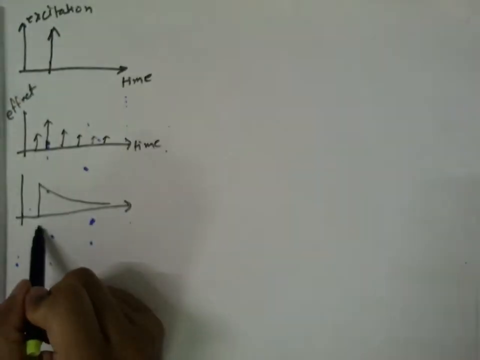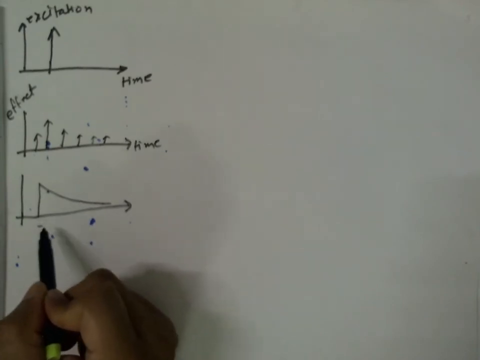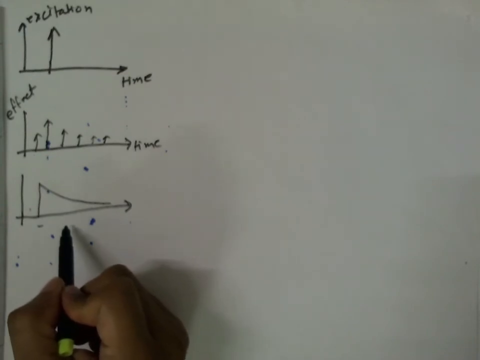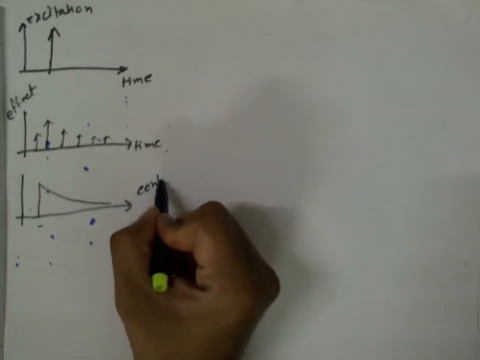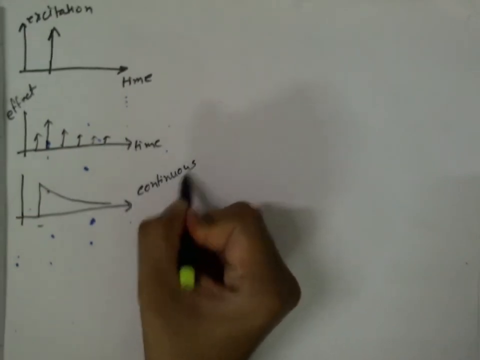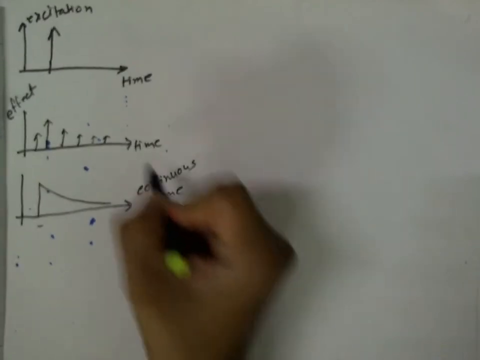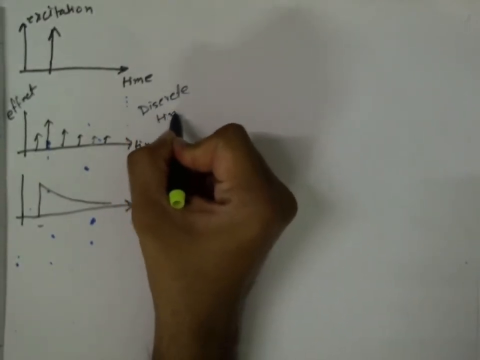But here, this is a continuous time system because the velocity is valid for t equals 0, t equals 1 second, t equals 1.5 second, 1.5983 second, and any such thing. So this is a continuous time system. And this is a discrete time system.